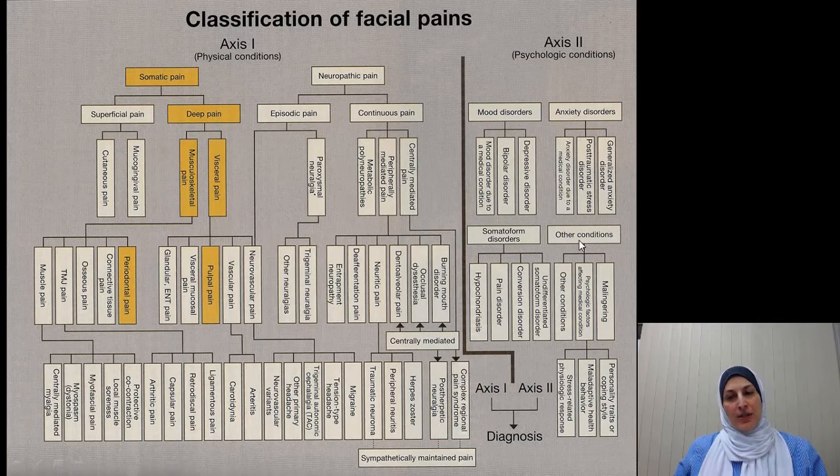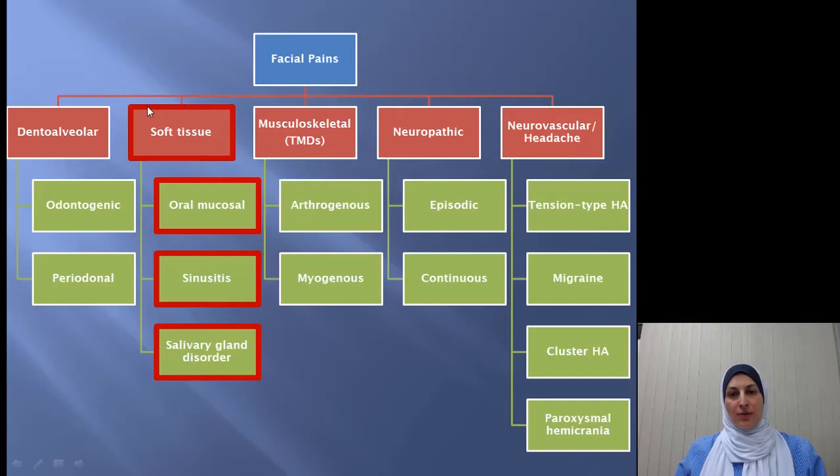Some of these conditions we will explore in the oral medicine course next year, inshallah. In this lecture, I'll just introduce you to some different types of pain within the neuropathic and within the somatic pain that might affect the orofacial area.